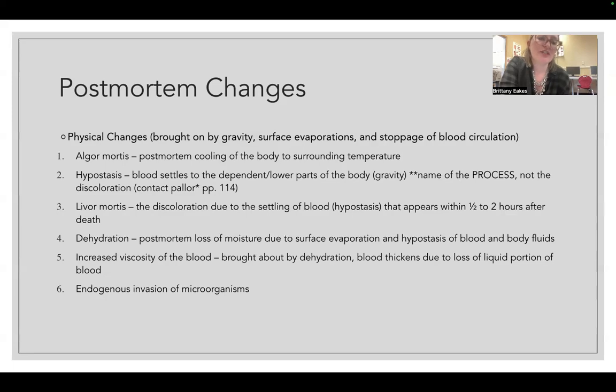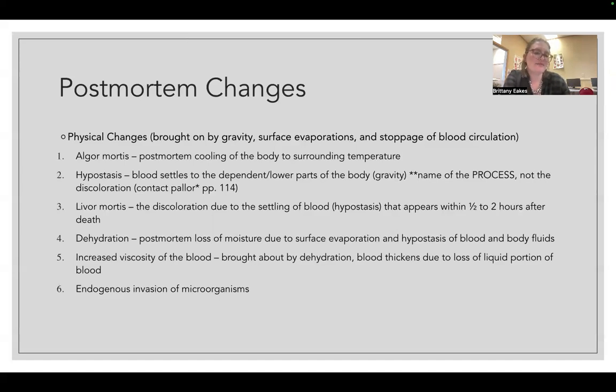So physical changes include algor mortis, which is the postmortem cooling of the body. Over time, the temperature of the body will cool to the temperature of the surrounding environment. If the surrounding environment is 70 degrees, the body will cool to 70 degrees.